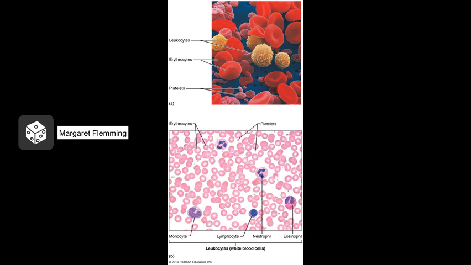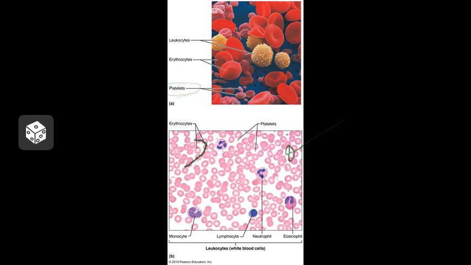Next, let's take a look at these images, and get a feel for the cellular component of blood. As mentioned, we do have erythrocytes, our red blood cells, leukocytes, our white blood cells, and platelets that you see here. We will be looking at slides in lab that are called blood smears, and we'll try to identify all of these structures.